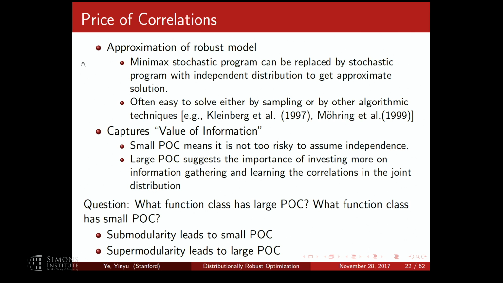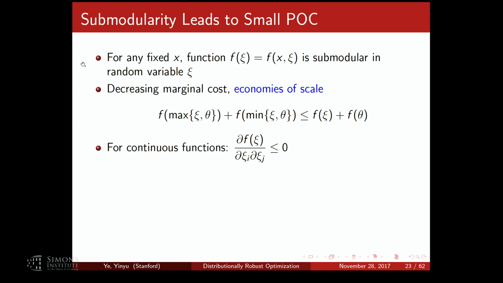So in a nutshell, if the function is submodular, then you usually get a small POC. If the function is supermodular, you get a large POC. This is submodular in terms of the uncertainty variables, because your function also depends on x. For any fixed x, you can think about this function as a function of c.